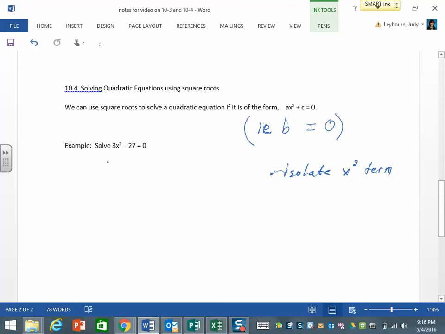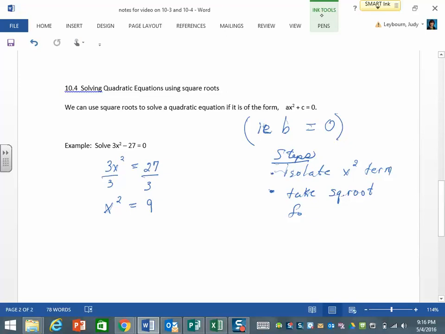So I have 3x squared equal to 27. Now I divide both sides by 3, and so now I have the x squared term isolated, and it's equal to 9. Then I'm going to take the square root of each side.